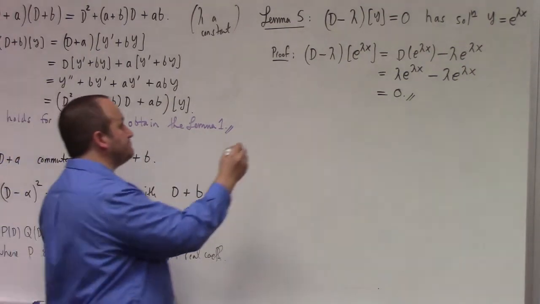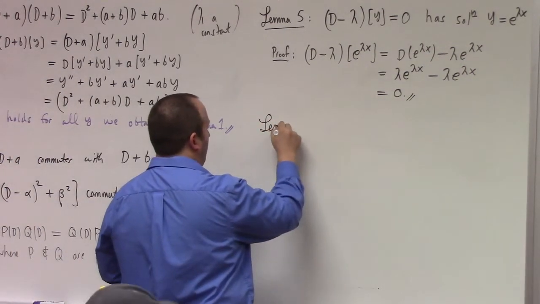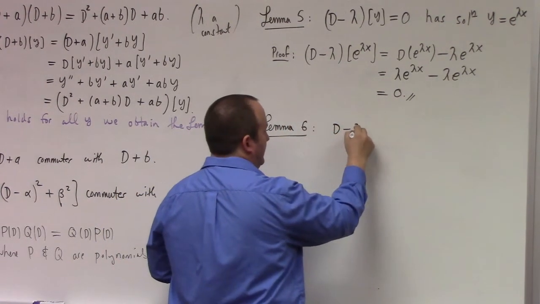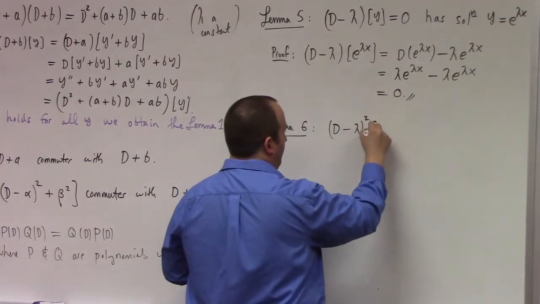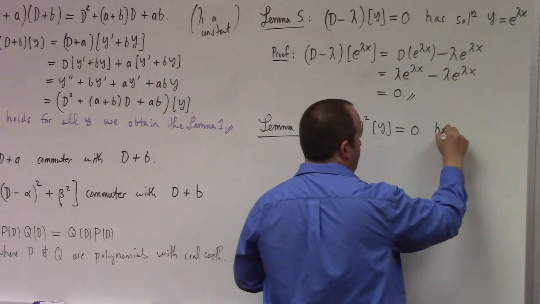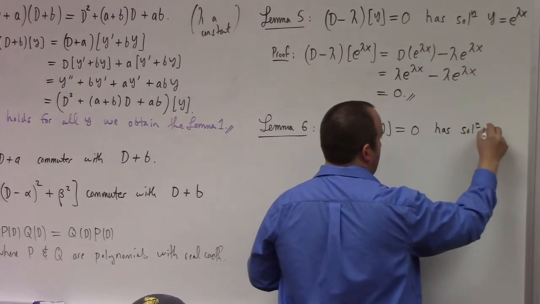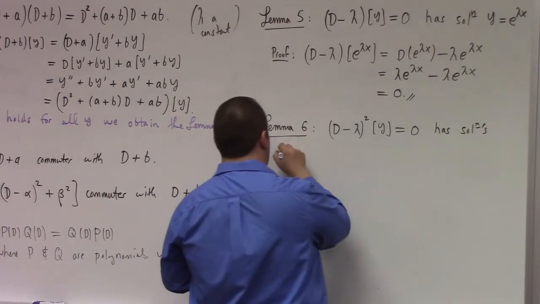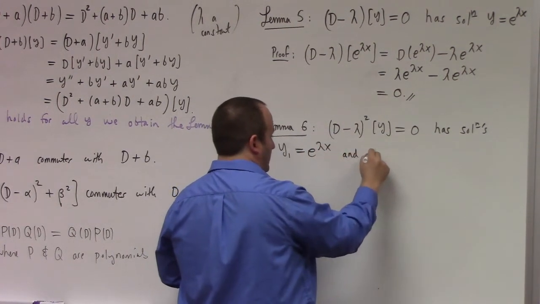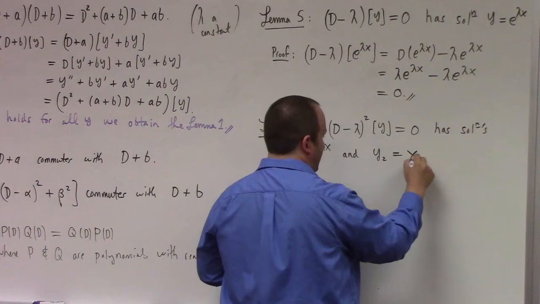Lemma 6. D minus lambda squared acting on y equals to 0 has solutions y1 equal to e to the lambda x and y2 equal to x e to the lambda x.